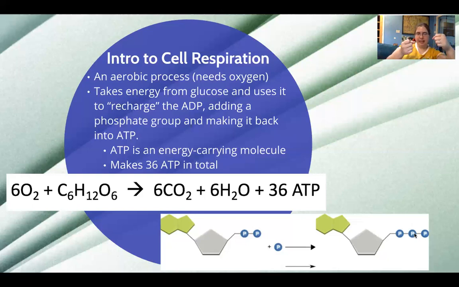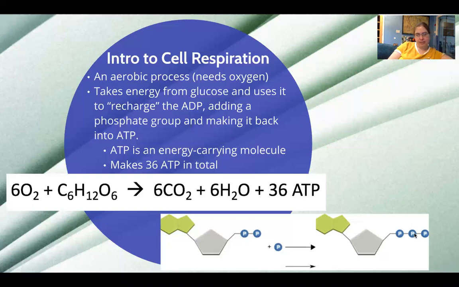It'll break that last phosphate off, releasing the energy that was stored in the bond, and that energy will then be used in whichever reaction or organelle needs it. Then the ADP, diphosphate, and the lonely phosphate go back and get recharged. They get more energy added in the form of that third bond, and it just keeps going on in this cycle.